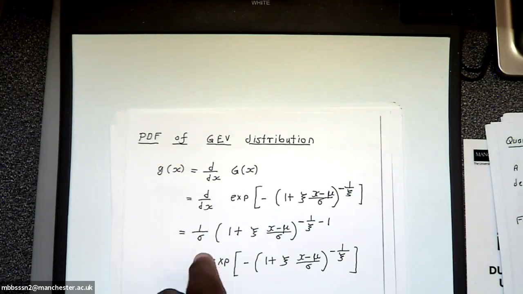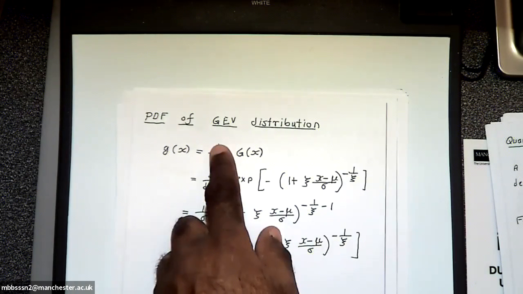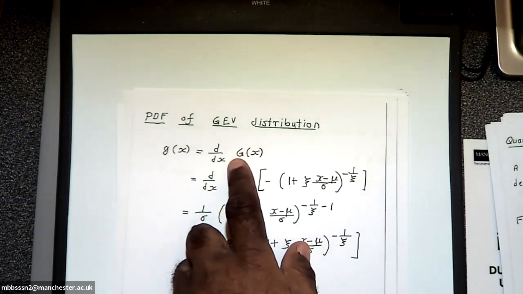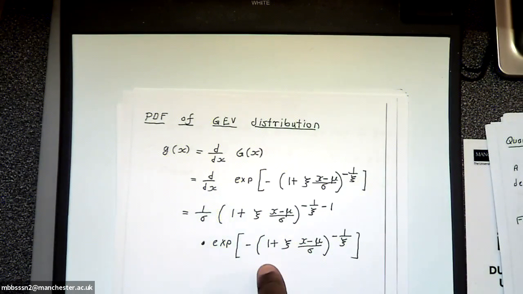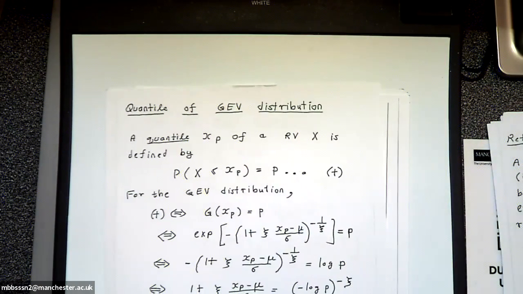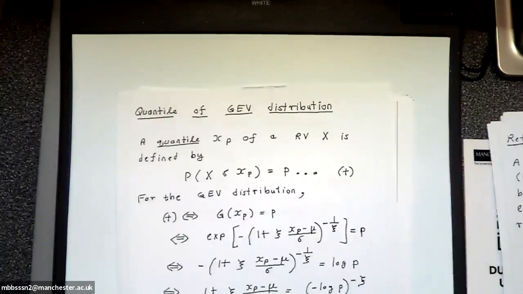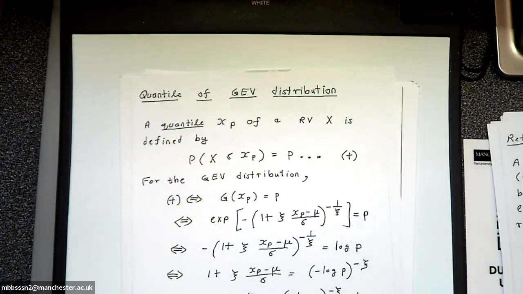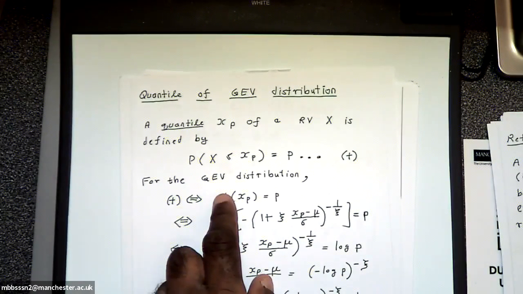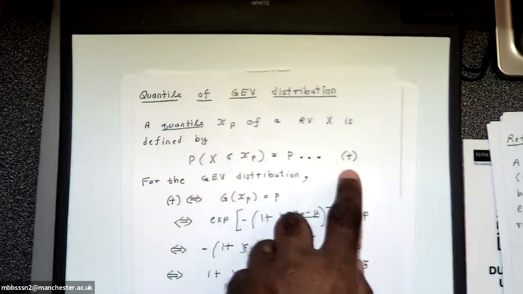In the next slide, I talked about the PDF, or the density. You just differentiate the CDF to get the PDF, right? In the next slide, I talked about the quantile function. If you don't know what a quantile is, it is defined by this equation.